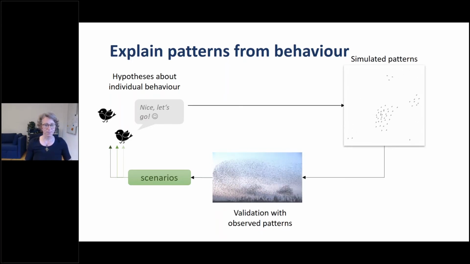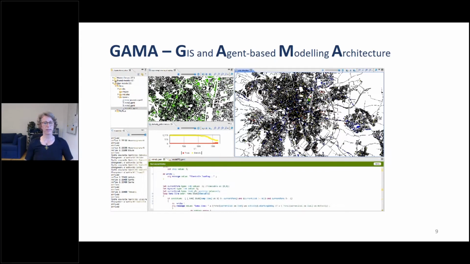So that's the idea. We're using GAMMA. GAMMA stands for GIS and Agent-Based Modeling Architecture. So that's a software environment that is built as an open source software to offer modelers a tool set to build agent-based models.